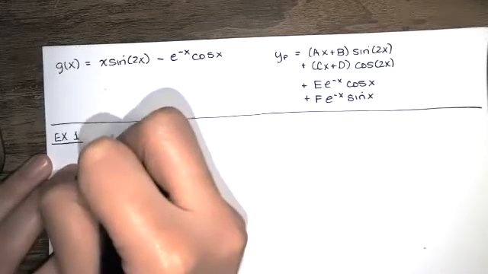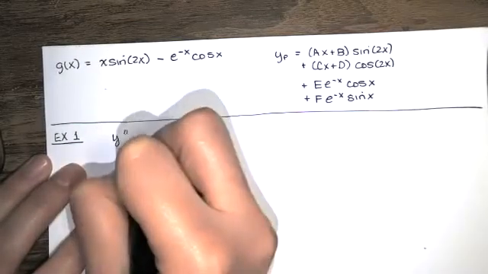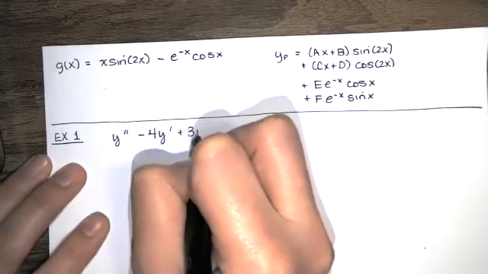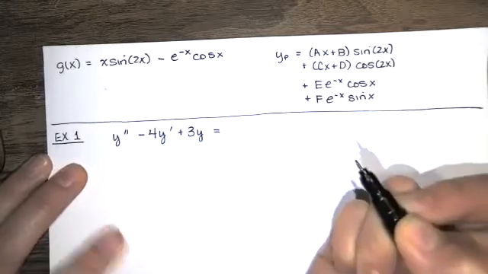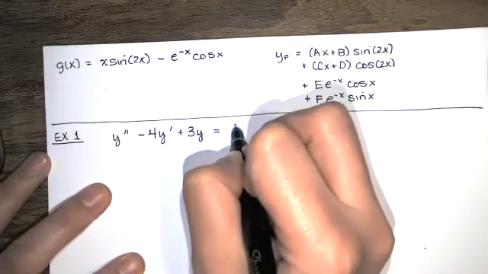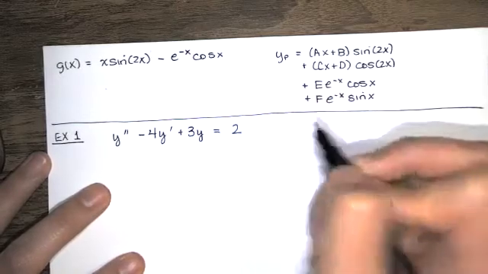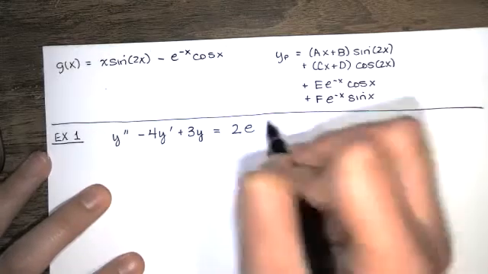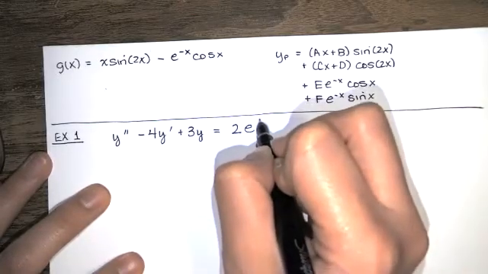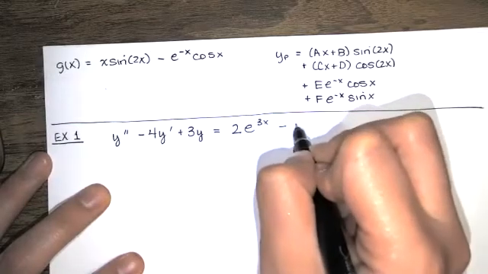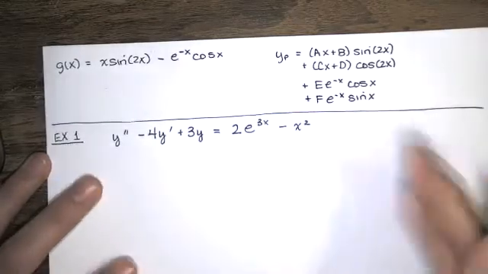So let's say you've got y double prime minus 4 times y prime plus 3y equals, let's say, 2 times e to the 3x minus x squared.